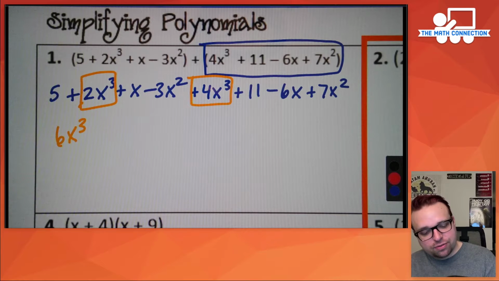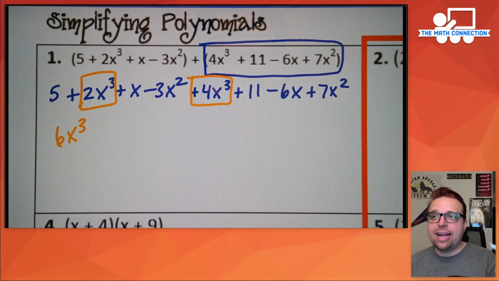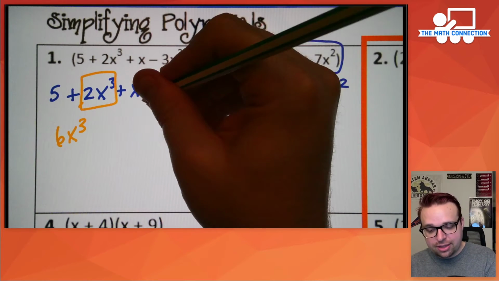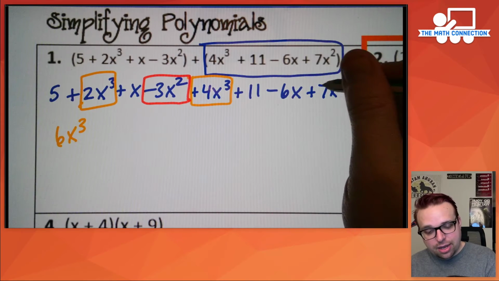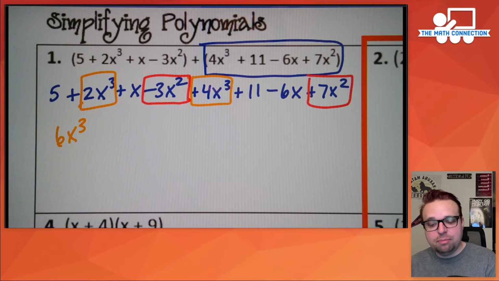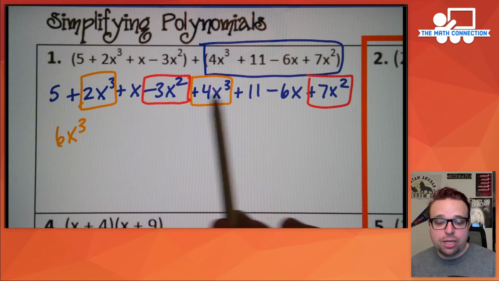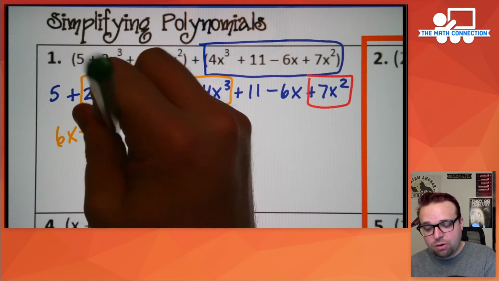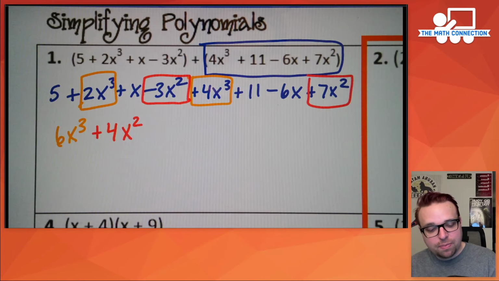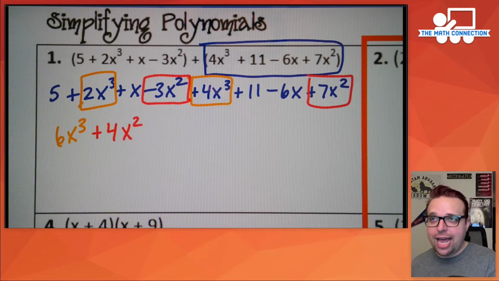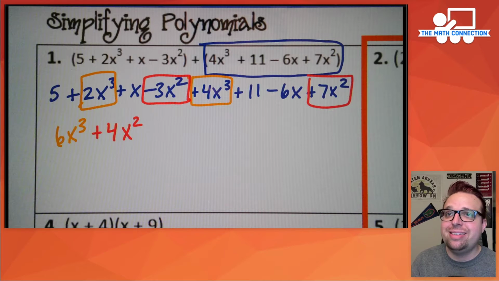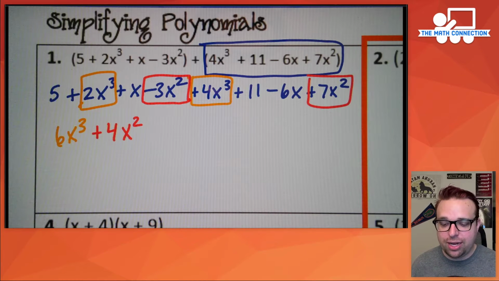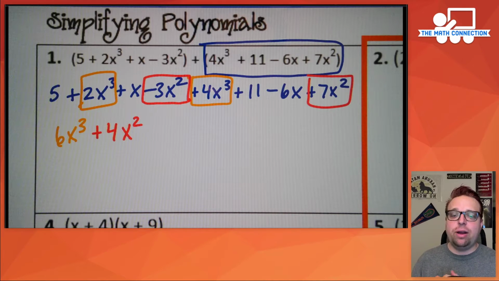I'm going to switch colors for this. The next exponent down would be squared. So take this thing that's squared and this thing that's squared and combine them. Negative 3 plus 7 is positive 4. So plus 4x squared. I have negative 3x squareds and plus 7x squareds. Combine them, you get plus 4x squareds.